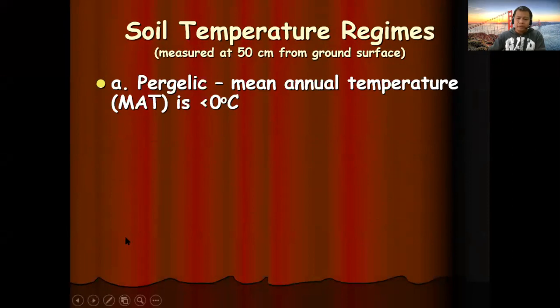So we have what we call pergelic. One of the soil temperature regimes is pergelic. What is this? The mean annual temperature measured at 50 centimeters from the ground surface is less than 0 degrees Celsius.